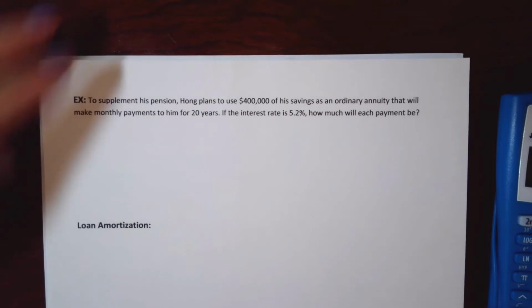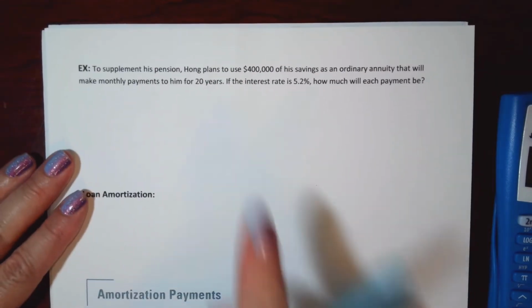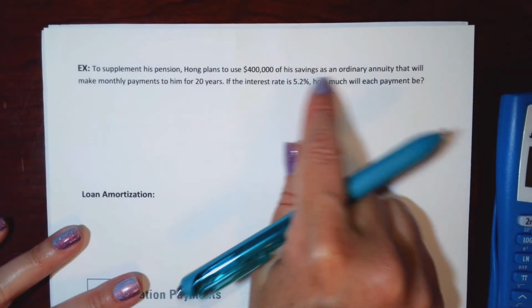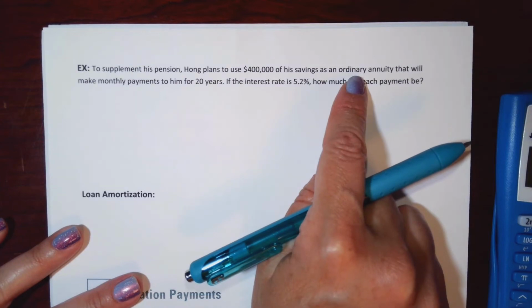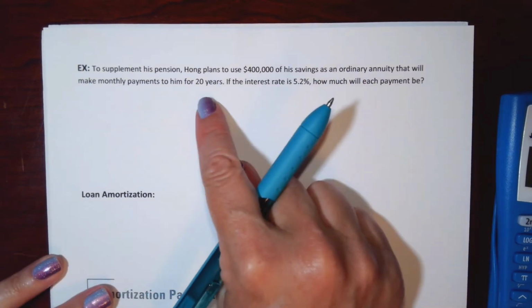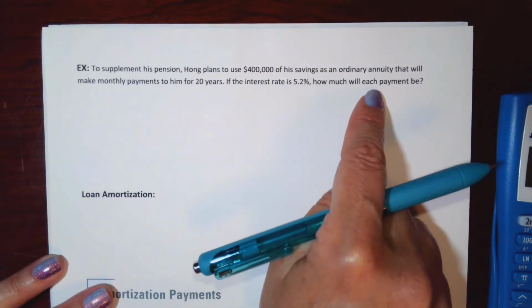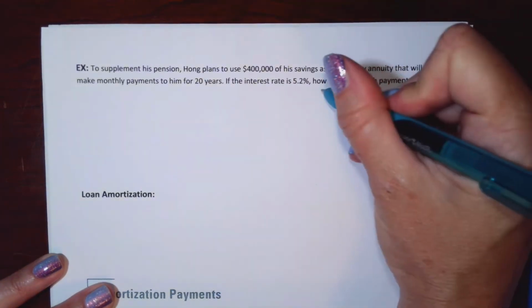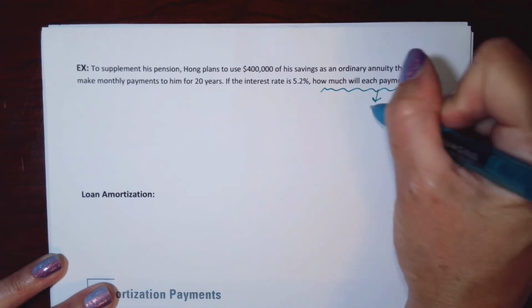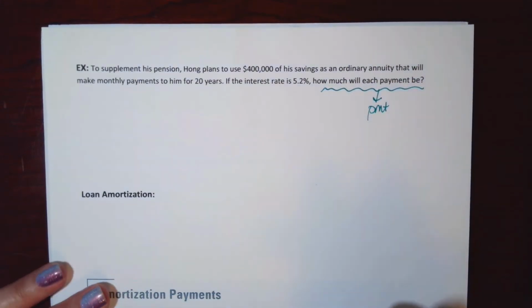To supplement his pension, Hong plans to use $400,000 of his savings as an ordinary annuity that will make monthly payments to him for 20 years. If the interest rate is 5.2%, how much will each payment be? So here's my how much statement. I'm going to be solving for payment this time.